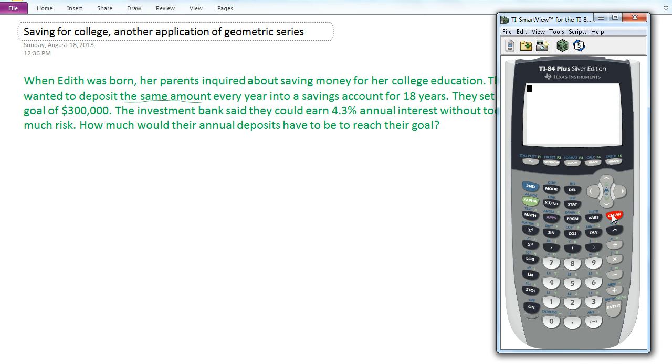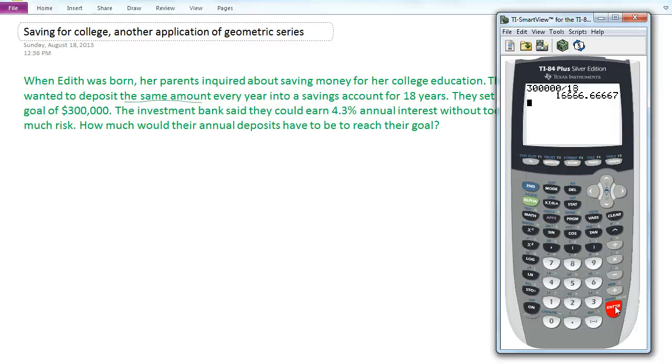Let's say instead of investing it in the bank, earning 4.3% interest, they were just shoving it under their mattress. So they would have to do 300,000 divided by 18. Every year they'd have to put roughly $16,666.67 into the mattress for 18 years.